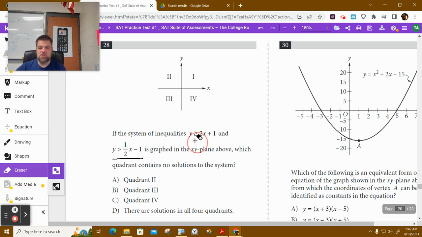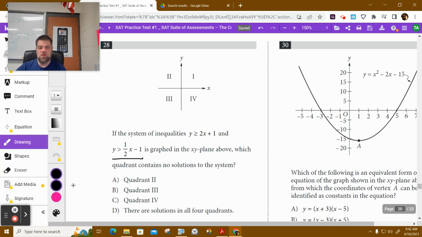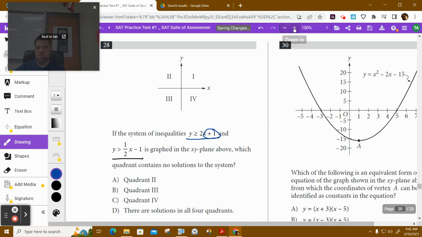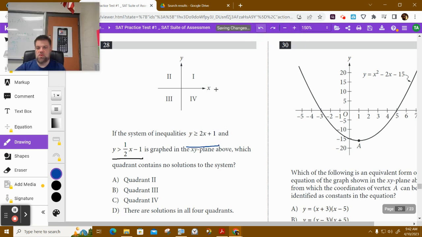Maybe I'll change some colors so you can see what I'm doing. This is easy in the sense that I know what my y-intercept is. Let's just say 1 is here. Remember, to graph in the xy plane, you start with the y-intercept.